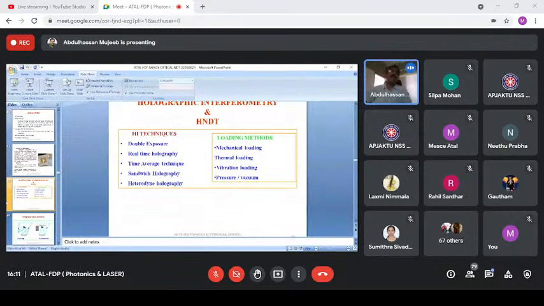We have some techniques in holography called double exposure, real-time holography, time average holography, sandwich holography, heterodyne holography. Out of these techniques, I'll be giving only one technique here for the time constraints, that is double exposure.